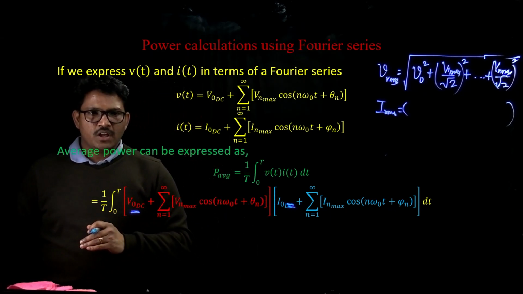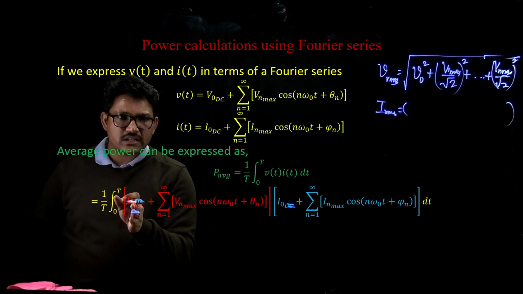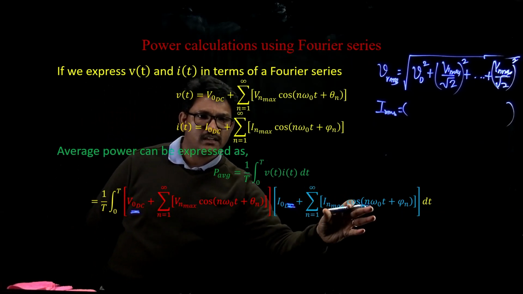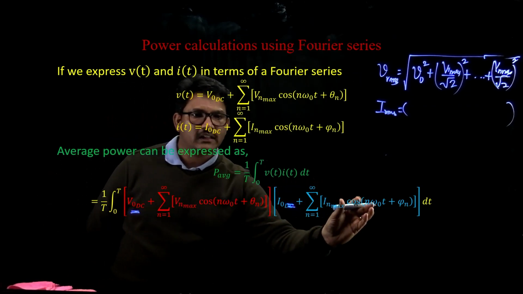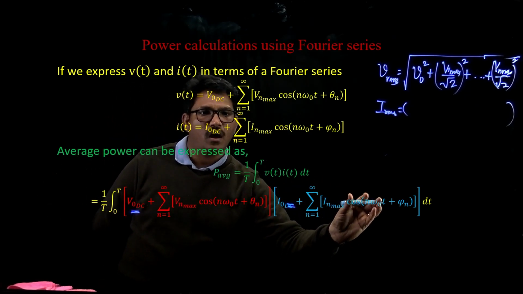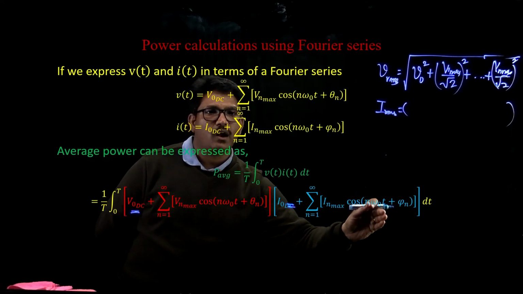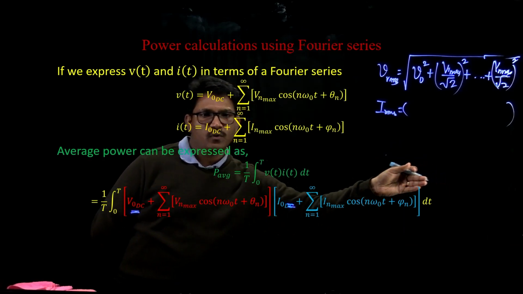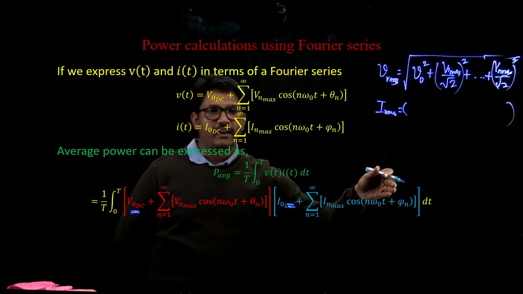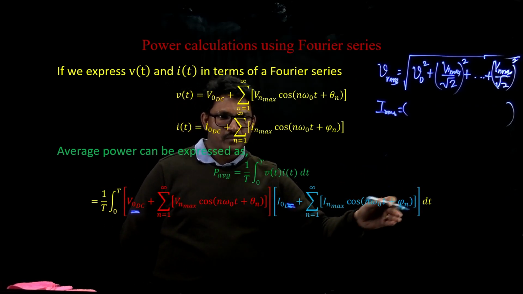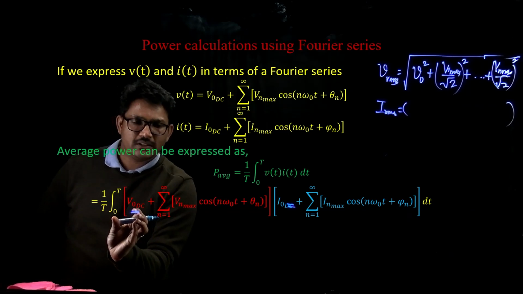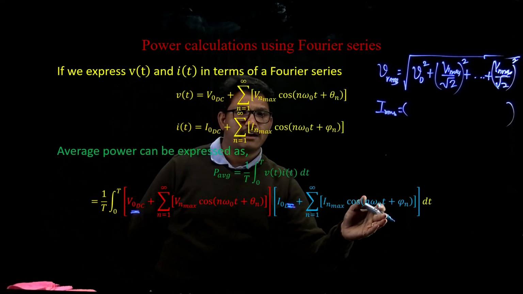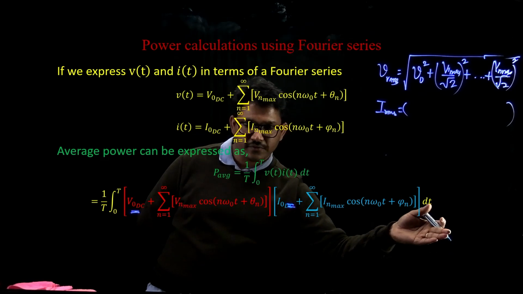But the voltage multiplied with the cos functions of the current will be a cos function, and a scaled cos function has an average value of 0 itself.